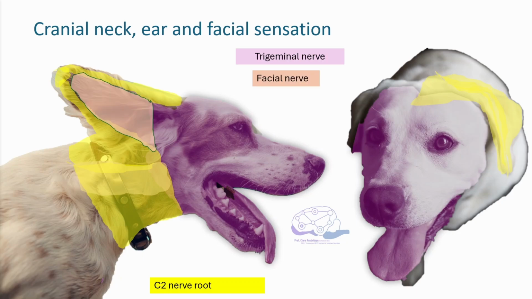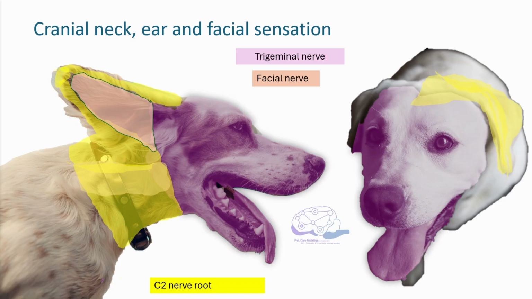And I think this is the area which vets have confusion in, that they think the facial nerve does sensory to the face as well as motor to the facial muscles, but it's the trigeminal nerve which does sensation to the face, and the facial nerve just does the inner surface of the pinna, but not that outer edge.